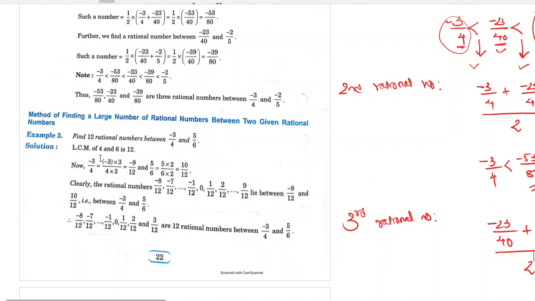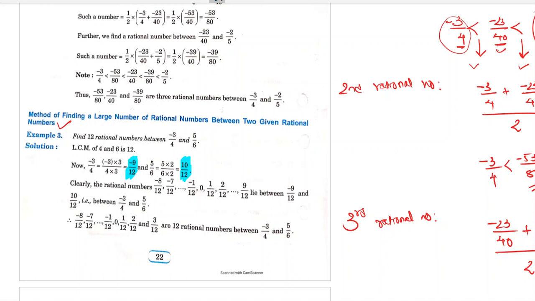See, they have used a similar method in the next topic, finding a large number of rational numbers between two given rational numbers. So the example over here is minus 3 by 4 and 5 by 6. First they have taken the LCM of 4 and 6 like how I did. Then after taking the LCM, the numbers are minus 9 by 12 and plus 10 by 12.